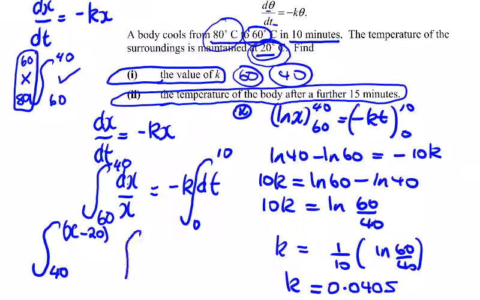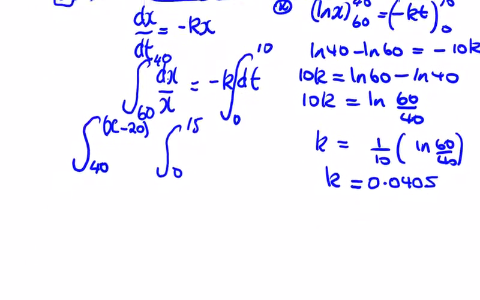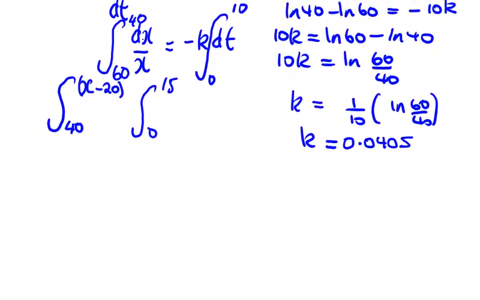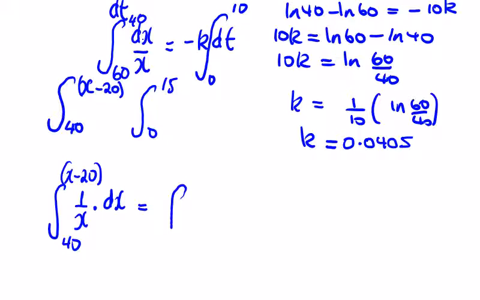And we're going to integrate that with respect to time, 15 minutes. So let's see, does that make any sense? We're going to integrate 1 over x dx between 40 and x minus 20. If we can get a new temperature here, we're going to integrate time between 0 and t, and we have minus k dt. So 0 and 15, sorry.